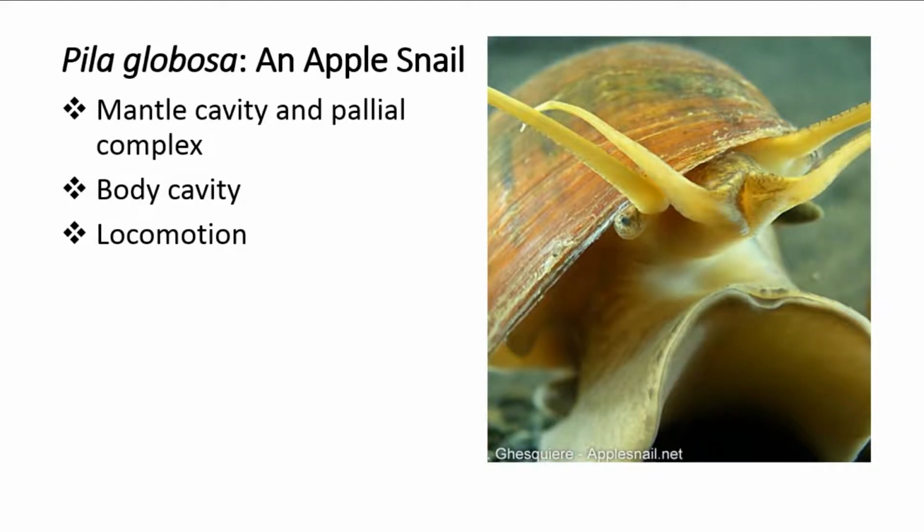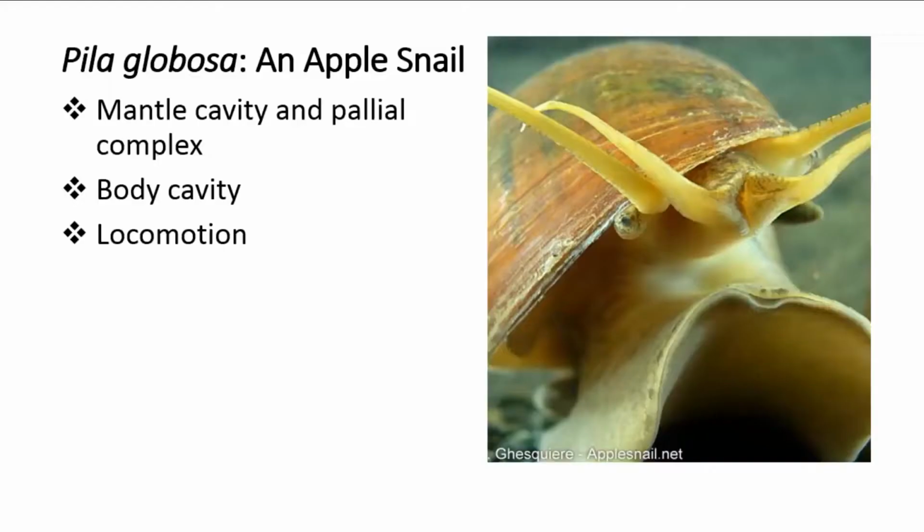This is the characteristic feature of this organism, and the foot is located at the ventral side. Listen carefully. This foot is located at the ventral side, and above that the mantle is present. If the head is removed, the mantle can be seen. The mantle is at the dorsal side, the foot is at the ventral side, and the head is at the anterior side.